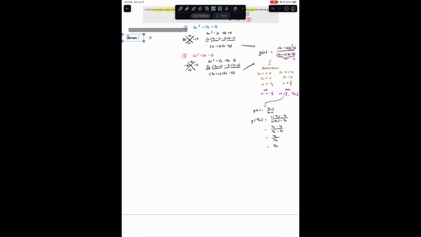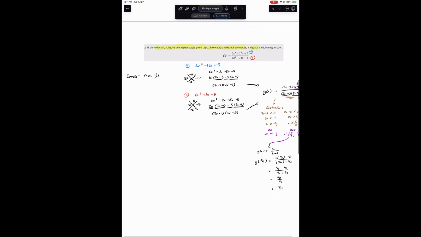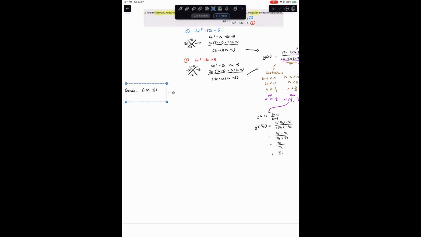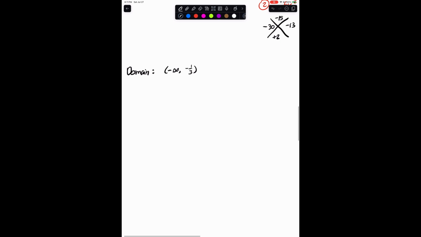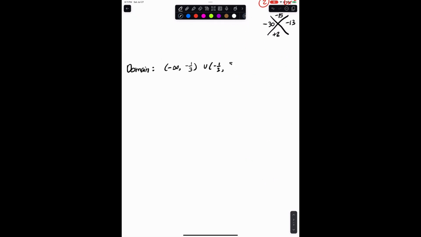So it would be from negative infinity to negative 1/3, union, negative 1/3 to 5 halves, union, 5 halves to positive infinity.